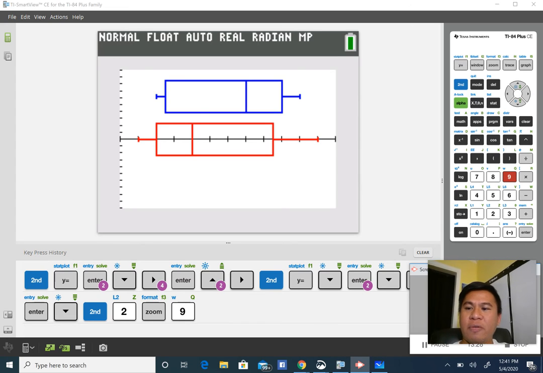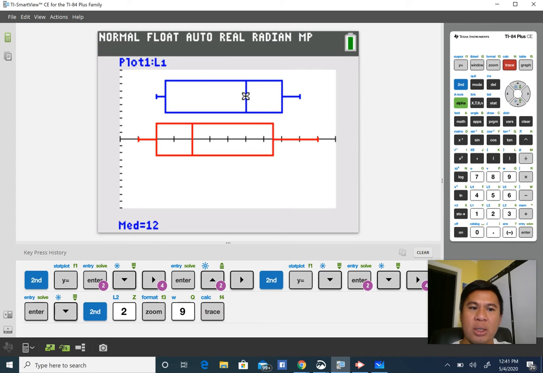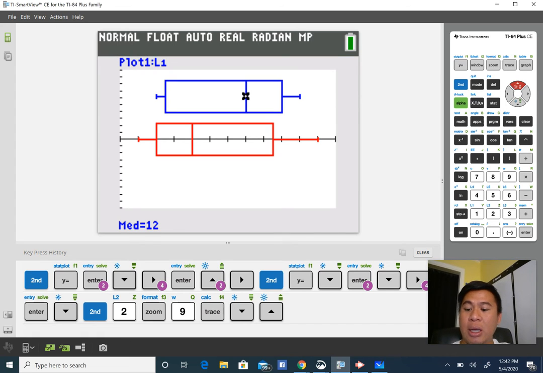Let us now get the median. To get the median, I'll press trace. Under plot 1, the median is 12. That is for the turkey. And if I go down, the median for the ham is 9. So again, the median for ham is 9 and the median for turkey is 12.